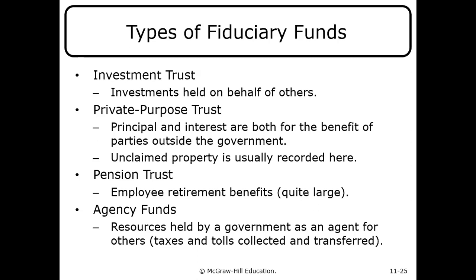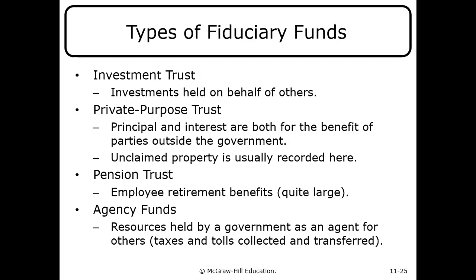This is where we account for the assets held to pay employee retirement benefits. Because of the need to provide adequate money for retired government workers for a period of time that might last for years, this fund type can become quite large. And it's probably one of the most expensive things to state and local governments, is funding this type of trust.